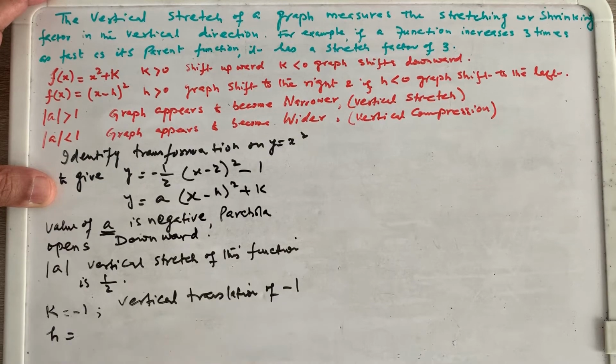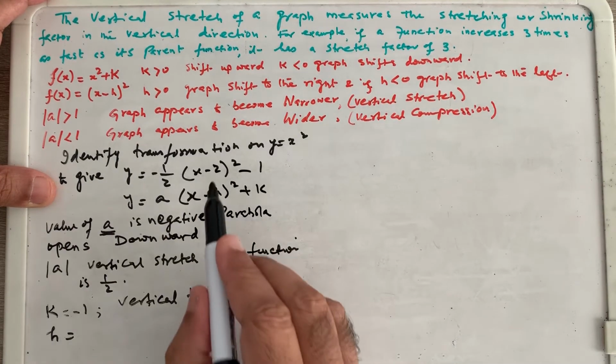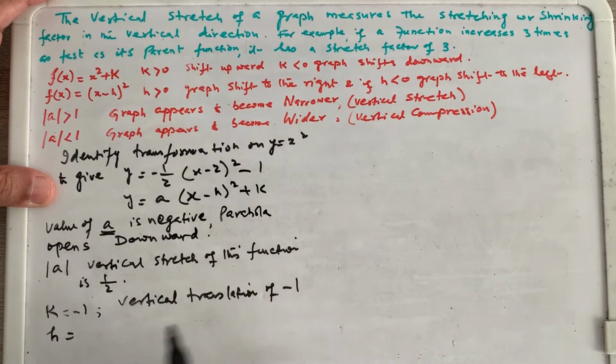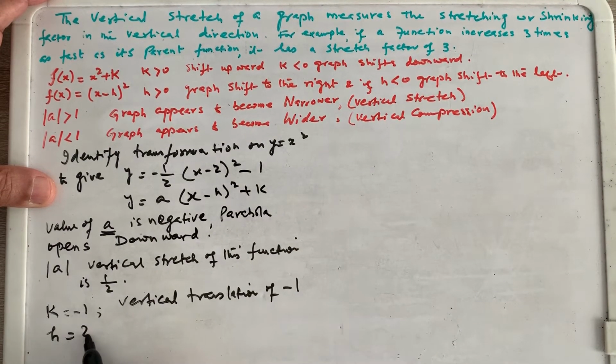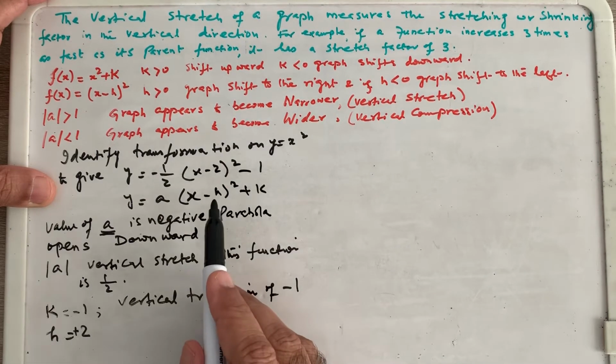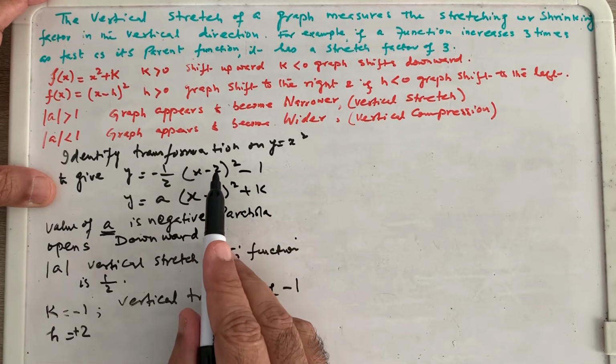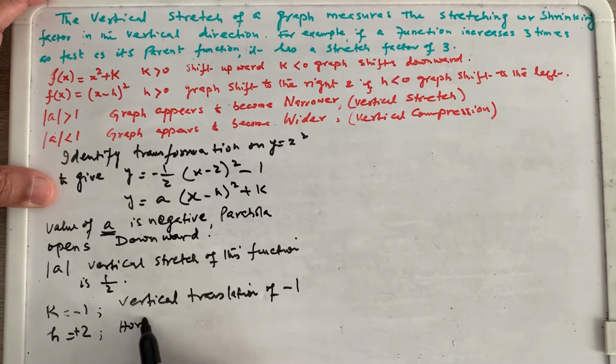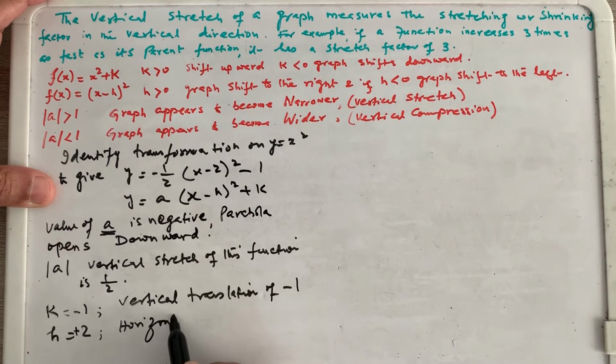So the h value is plus 2. It's always opposite to the sign, right? So if it is x minus 2, that means the h value is plus 2. So h equals 2, indicating that the horizontal translation is plus 2.